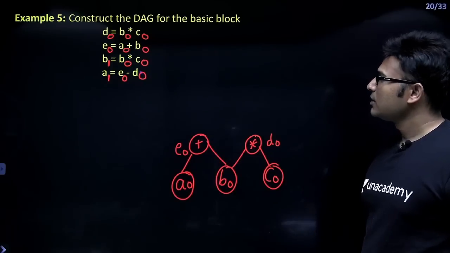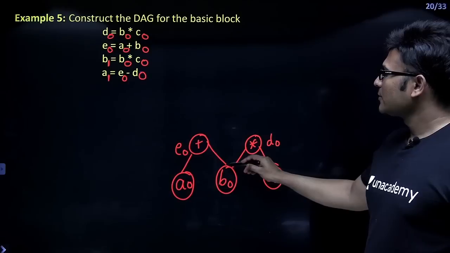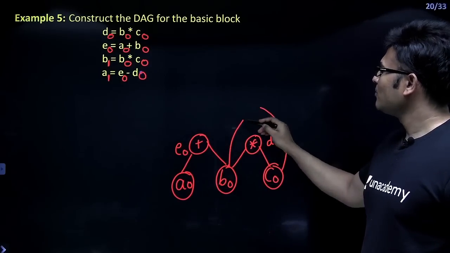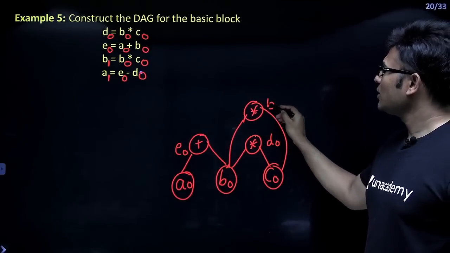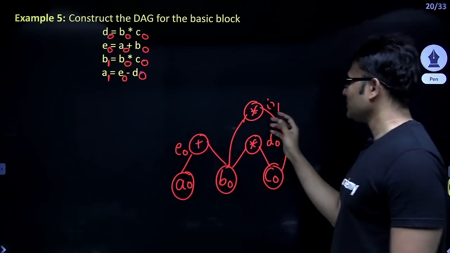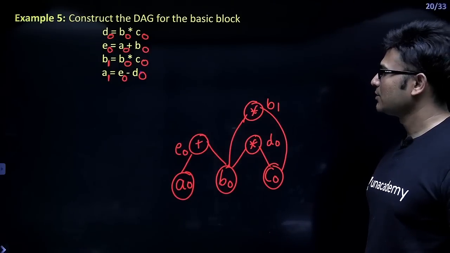And now B naught and C naught I'm going to multiply, and I'm going to call it B1, right?